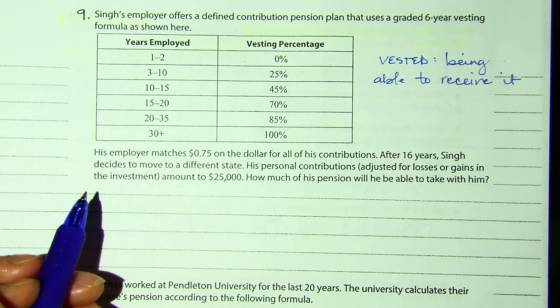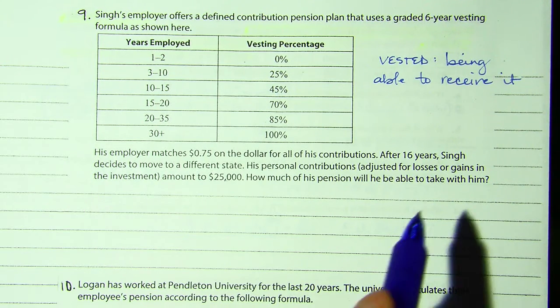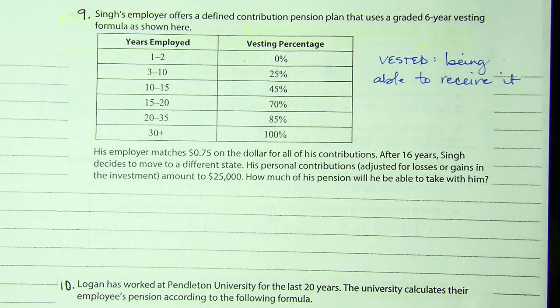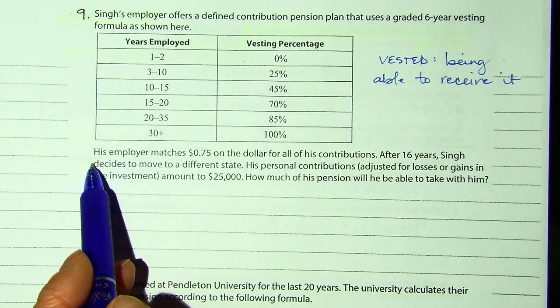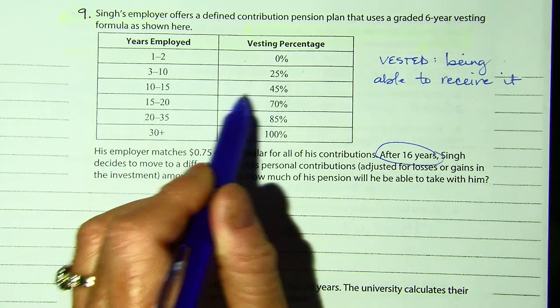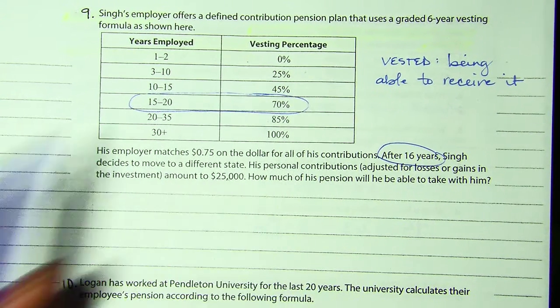Well, let's see here. A defined contribution by using a graded 6 year. Okay, sorry. He's worked 16 years. So 16 years would be here.